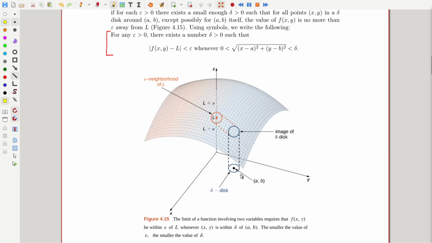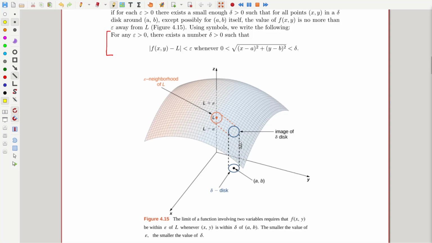So it's saying that for any epsilon, there is a particular delta that guarantees that when you take any point within delta away from the point A comma B, you send it through the function f, you'll land within epsilon of the limit.